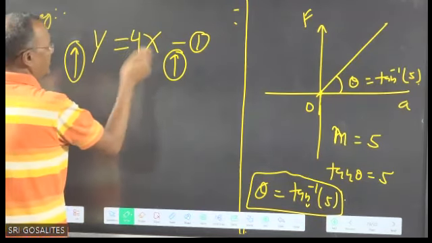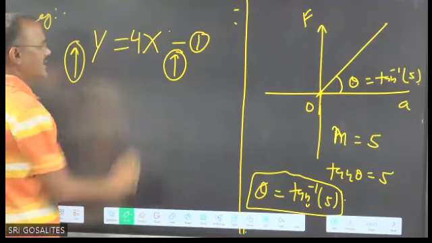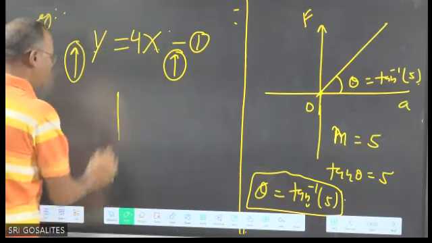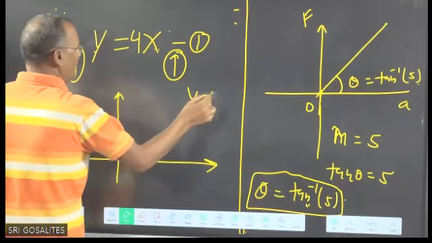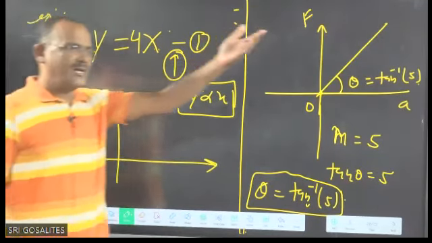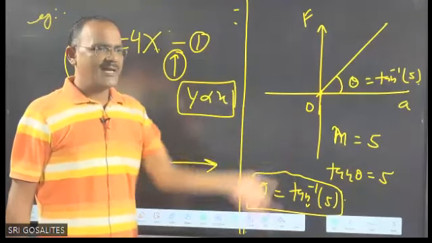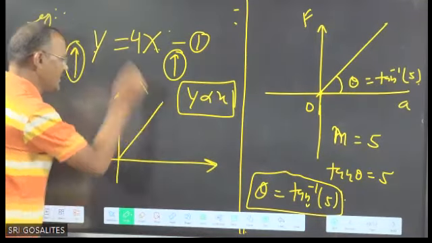And how will it be? 4 times x. It means if x is 1, then y is 4. If x is 2, then y is 8. So how will the graph be? It is called y is proportional to x. Proportional means if one will increase, then the second will also increase. If x will decrease, then y will also decrease. So this is a line like this.